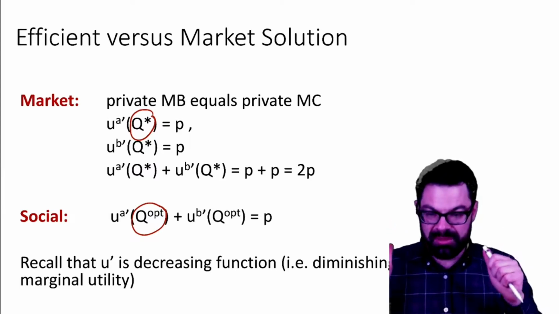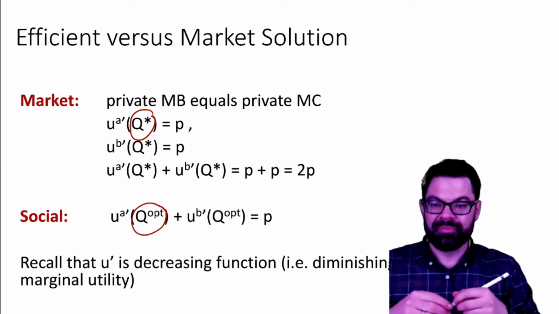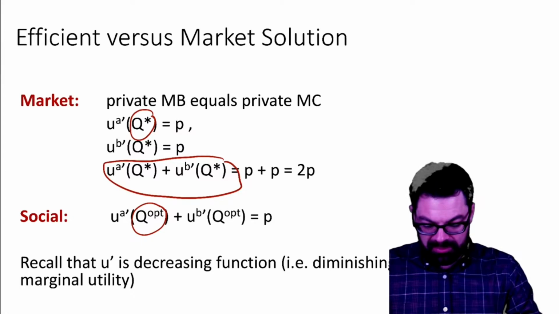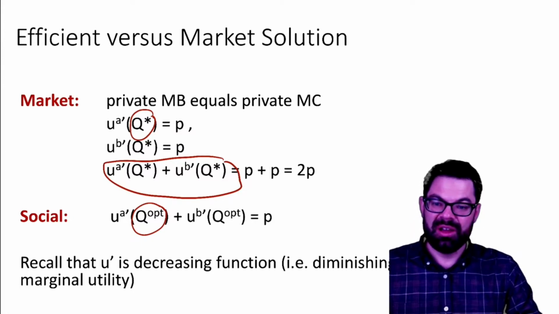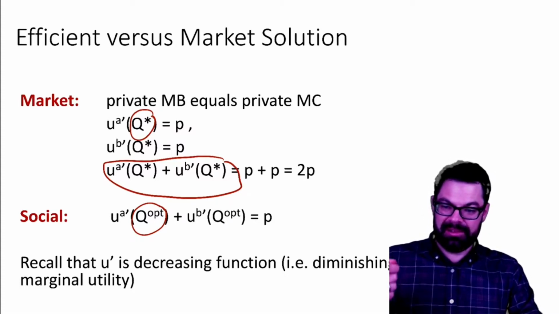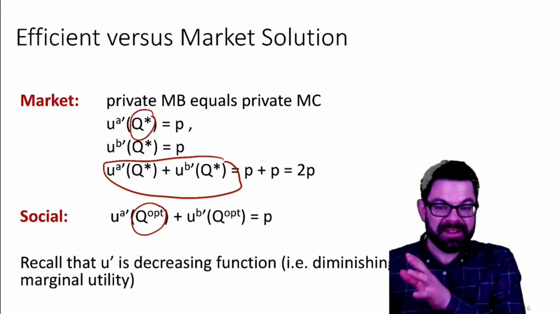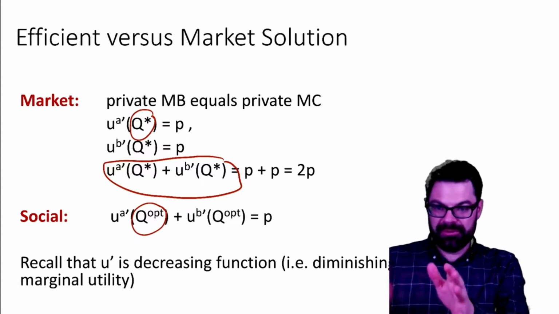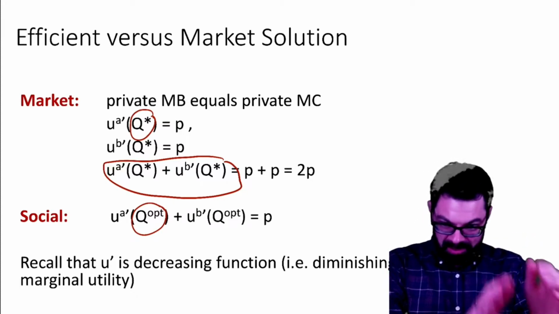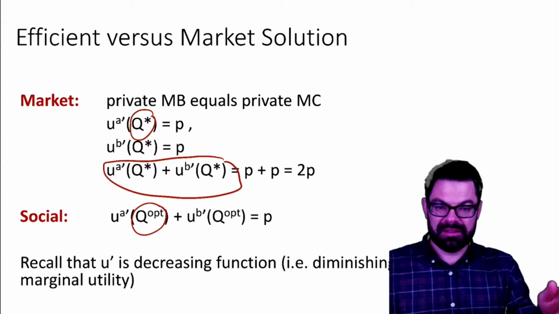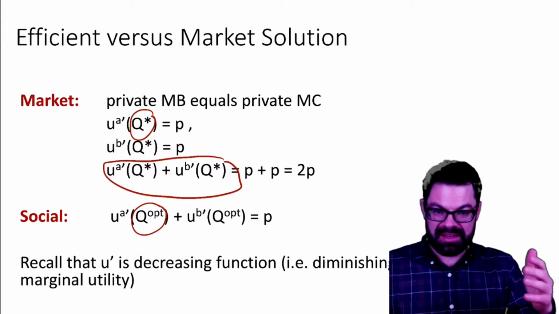Now, to make the two of them comparable, what we're going to do is simply add the two marginal utilities up for the market. Okay, because then for both the market solution and the social planner solution, we have on the left-hand side the marginal utility person A gets from the provision of the public good plus the marginal utility that person B gets, and then on the right-hand side we have the marginal cost that differs in either case.